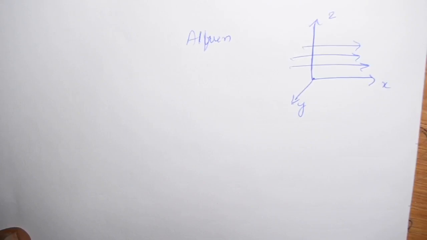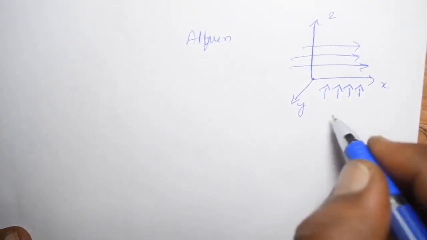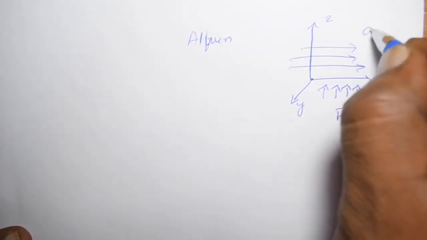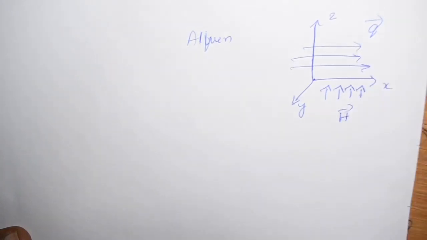Once again, a perfectly conducting fluid flows steadily only in x direction, and the magnetic field H is in the z direction only. The magnetic field is applied in this direction, the velocity is in this direction, and the magnetic field is in this direction.